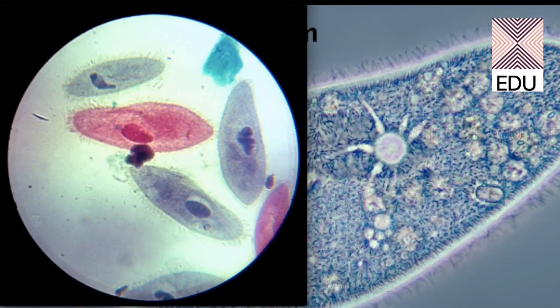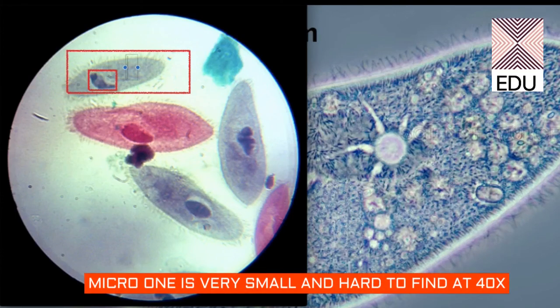This particular diagram shows 5 or 6 paramecia which are live streaming in the water. Here this is the first paramecium, and it has a very typical nucleus. This is the nucleus of the paramecium, the macronucleus.